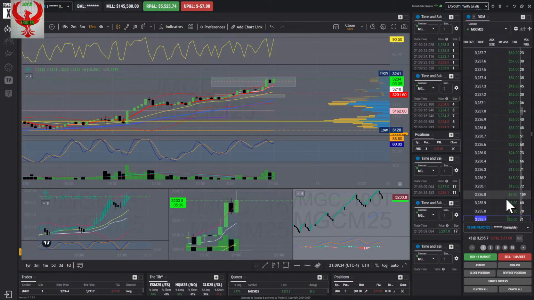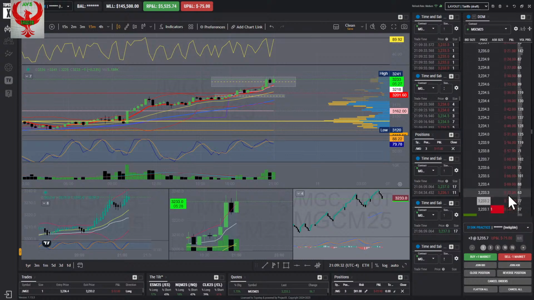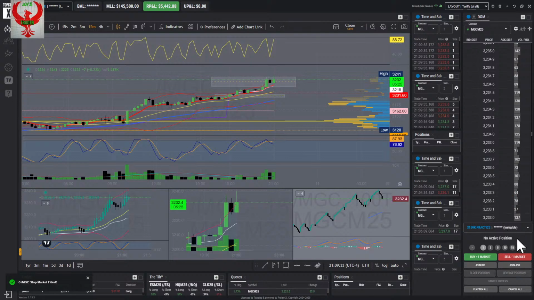Let's pump the Nasdaq together. With that spread, I'll be instantly down like $1,000, like $2,000 doing that. Look at the orders. 140. Look at the sellers coming in.